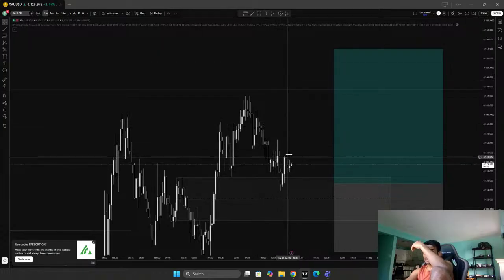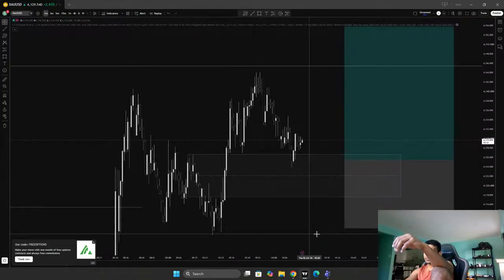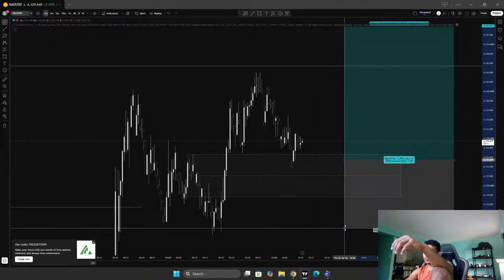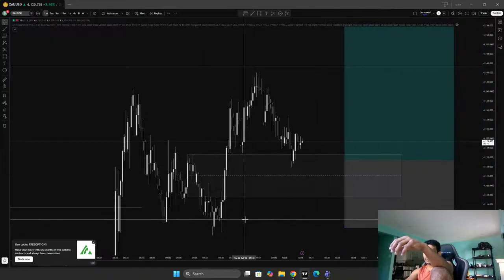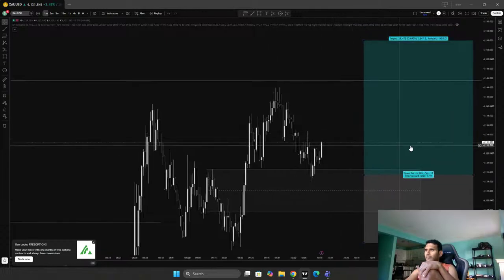If it breaks this level, the safest thing would be this. The safest thing. Okay, a bit of structure.